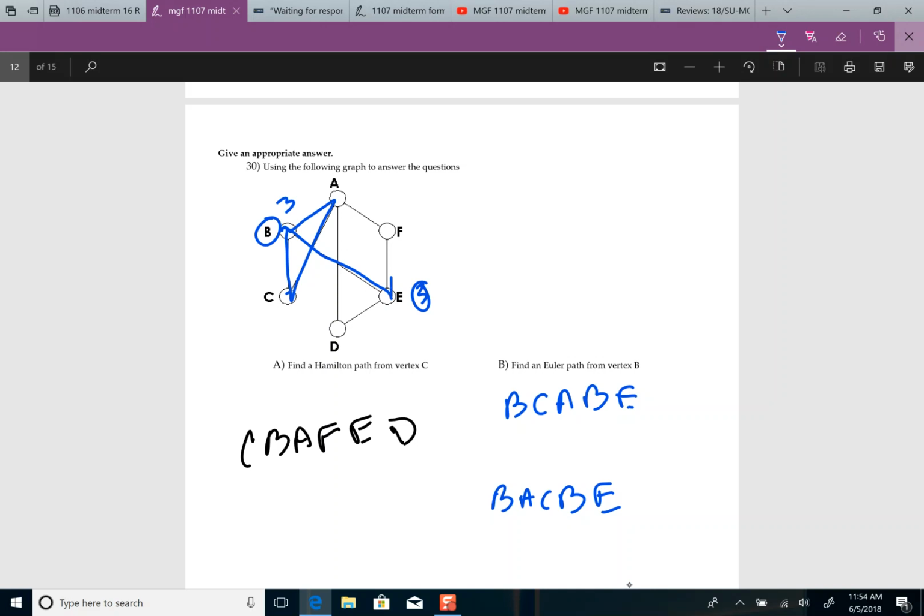I could go up, F, A, D, E. So I went from here FADE, and I could say that here FADE. Or I could have reversed it. I could have gone DAFE. So look, there's this other choice.